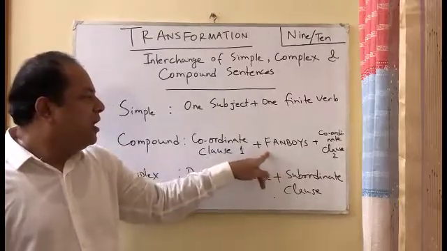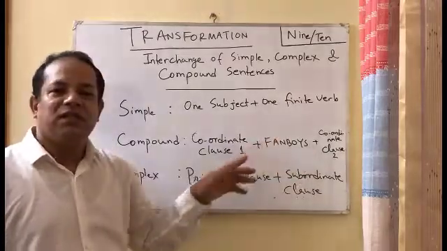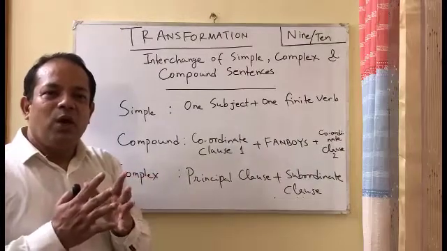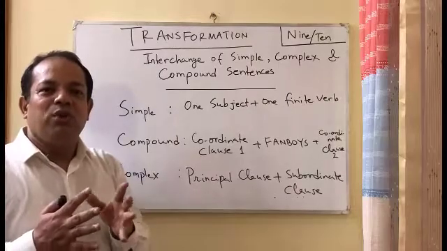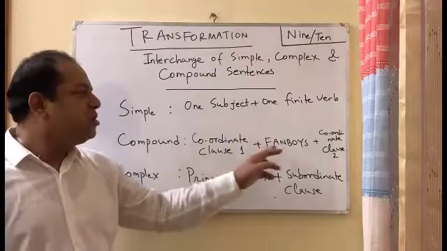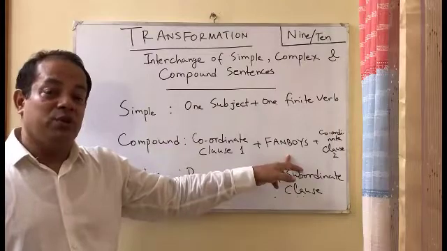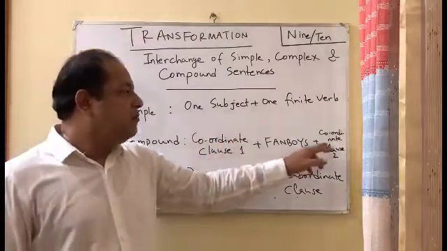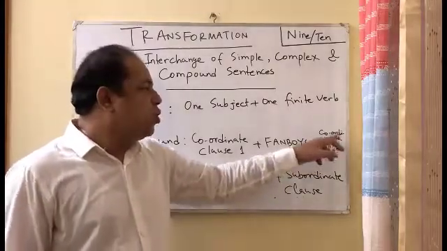So what does it mean? Actually, FANBOYS means coordinating conjunctions that are used to connect two clauses in compound sentences. So FANBOYS are coordinating conjunctions that you have to use in your compound sentence. And you will see another clause in compound sentence. This clause is coordinate clause 2.